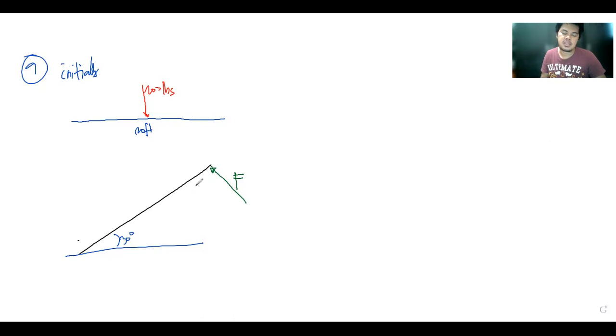That means the system is under equilibrium. And do not forget to add the weight. The weight of the beam will always be pointing downward, of course, vertically, 200 pounds.